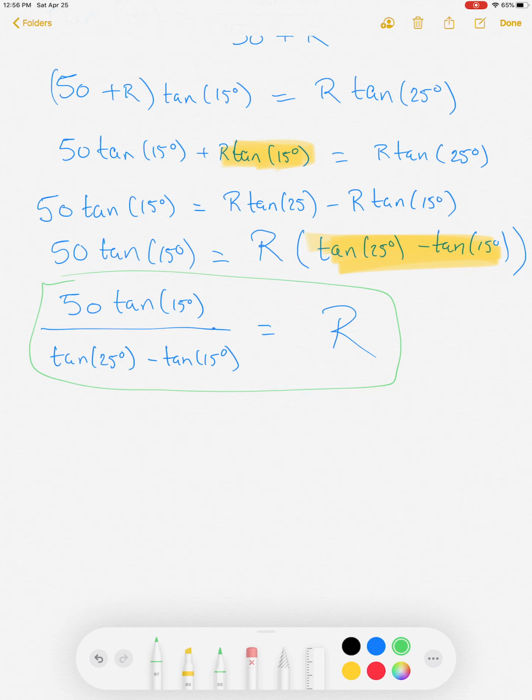And then obviously I have to probably plug that into my calculator to get some approximation. So let me do that real quick.